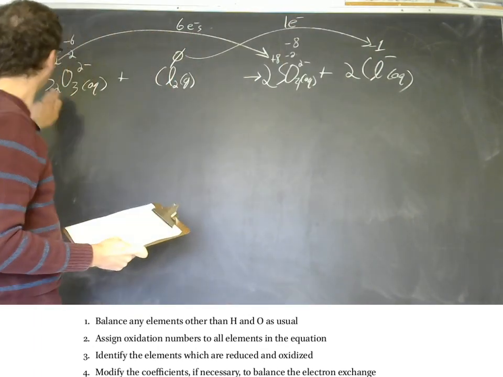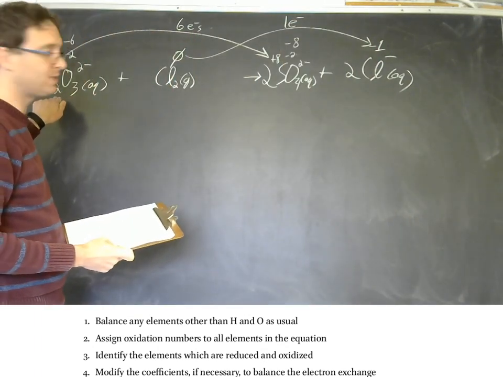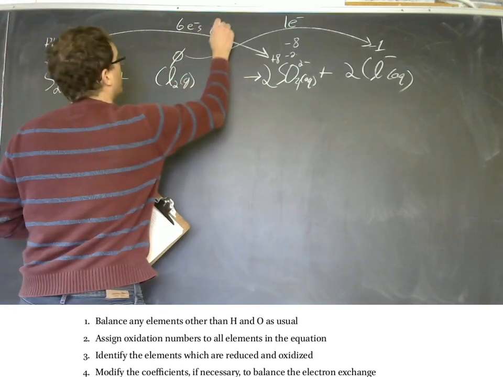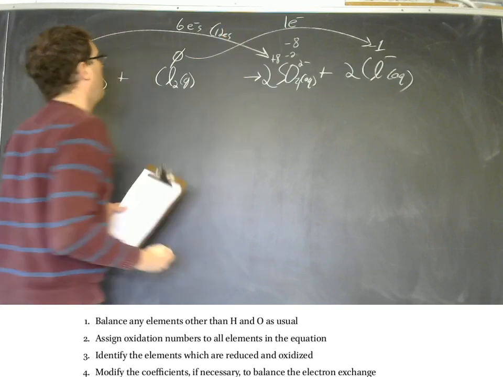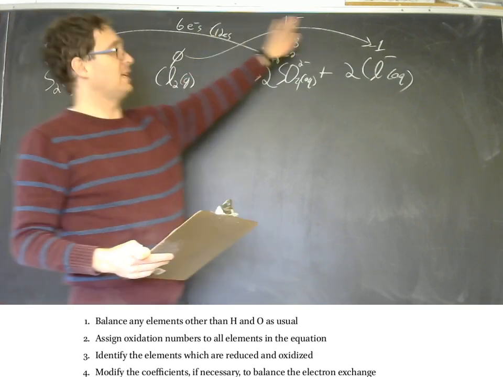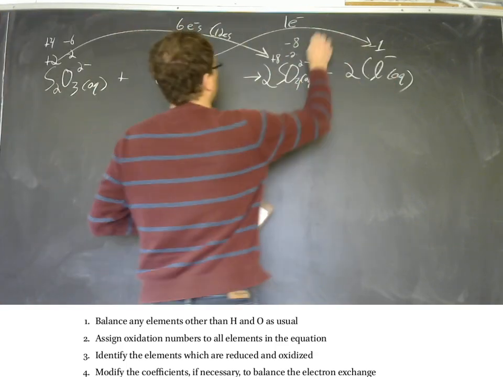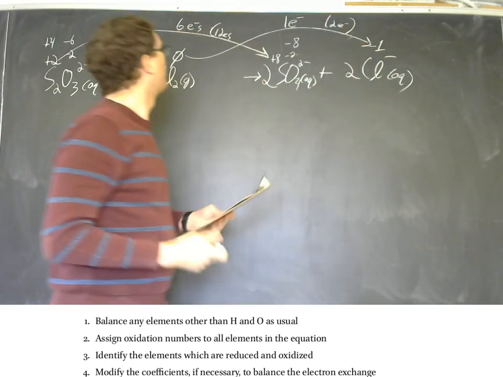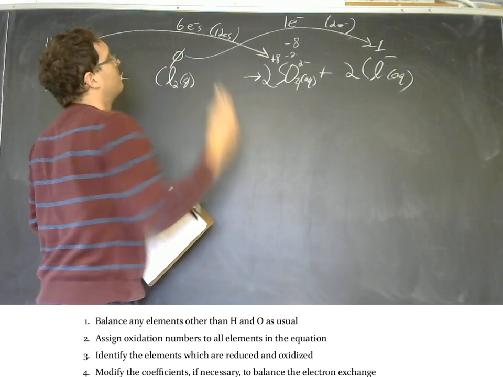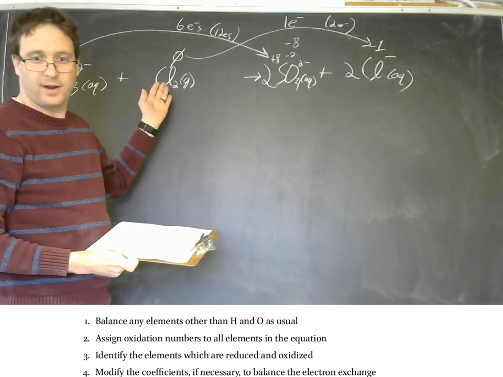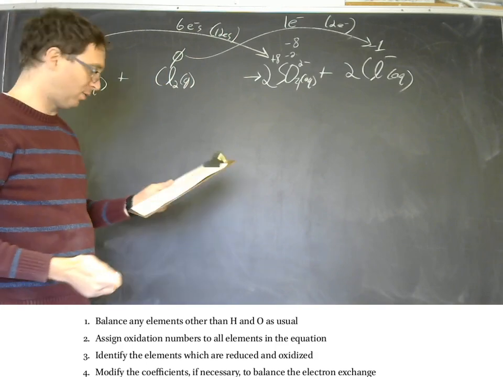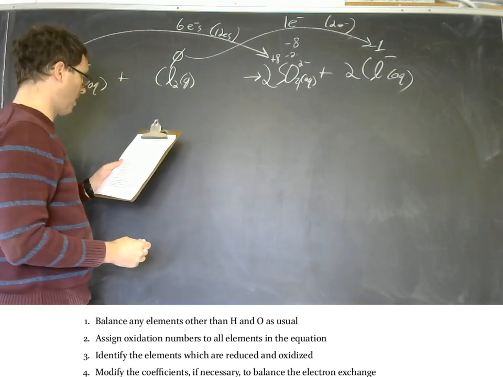Now, there are 2 sulfurs in each of these S2O3, so I guess that's a total really of 12 electrons. And there are 2 chlorines, each of them gained 1 electron, so that's a total of 2 electrons. But if we want to balance these, obviously we're not there yet. We'll need to have 6 times as many chlorine ions.